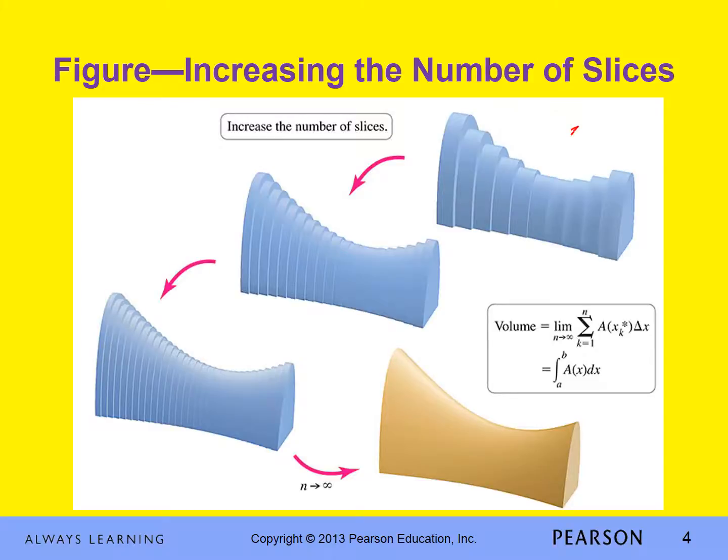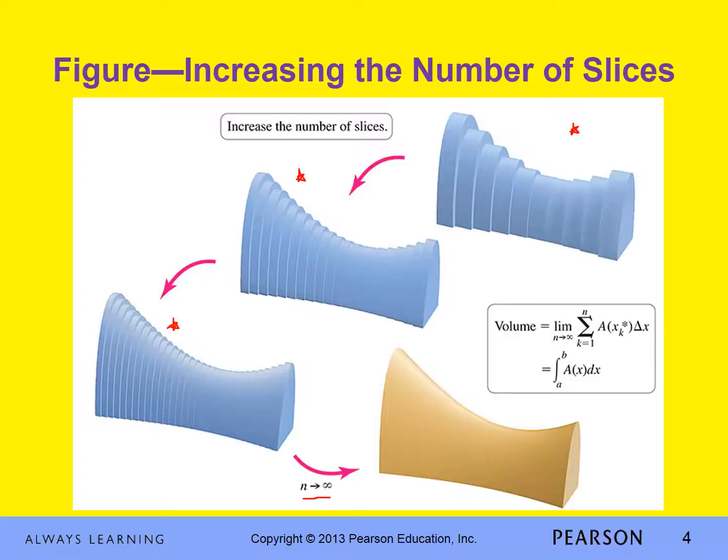We can start here with about 10 slices, and we can see that the sum of the volumes of those slices is going to approach the volume of the solid, the loaf of bread, and that approximation is going to get better as we increase the number of slices from 10 to say 20, and even better as we go to 30. Well, as the number of slices increases without bound, goes to infinity, we approach the actual volume of the solid.